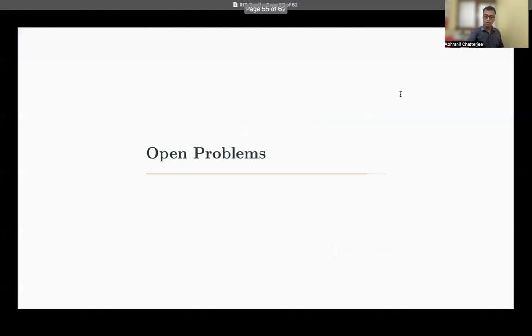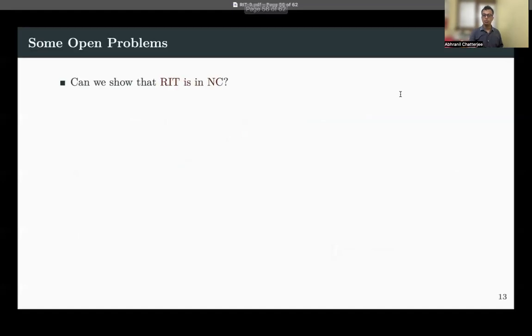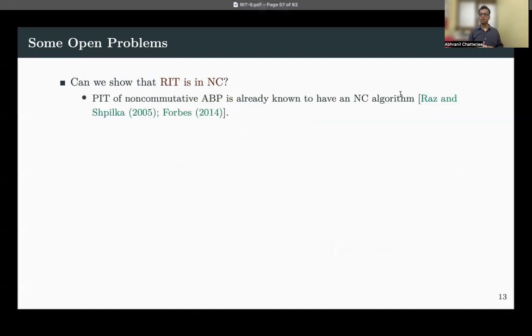So let me now conclude by mentioning two interesting open problems. The first one is, can we solve this problem in NC? It was known that this problem can be solved in randomized NC. In this paper, we solved it in deterministic quasi-NC. Can we solve this problem in deterministic NC?